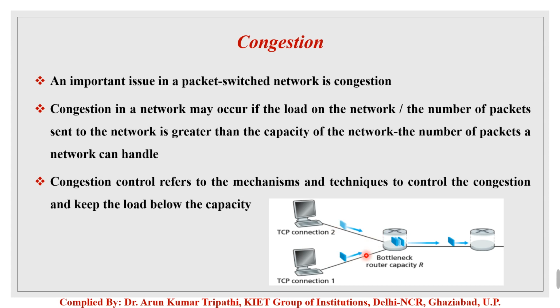That means 20 Mbps. The handling capacity of the router is only 10 Mbps, so definitely it will face congestion and start discarding data packets. There are various techniques to overcome this.